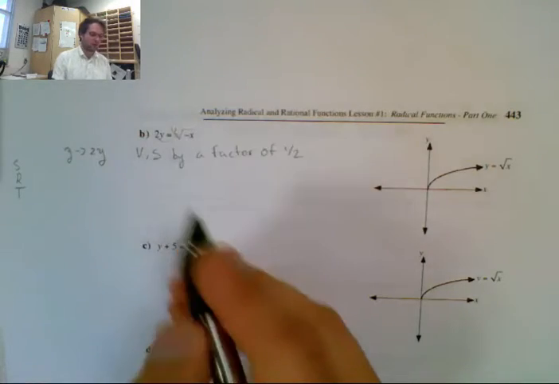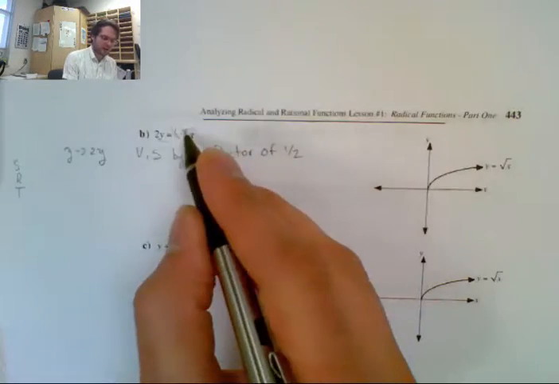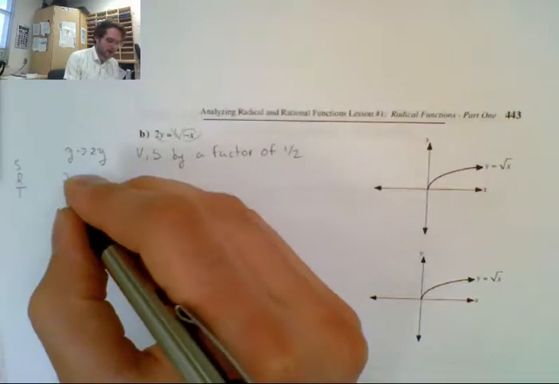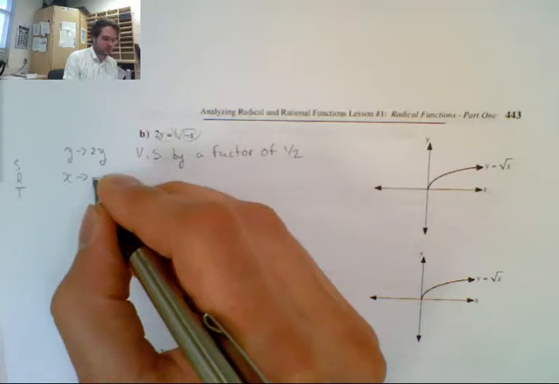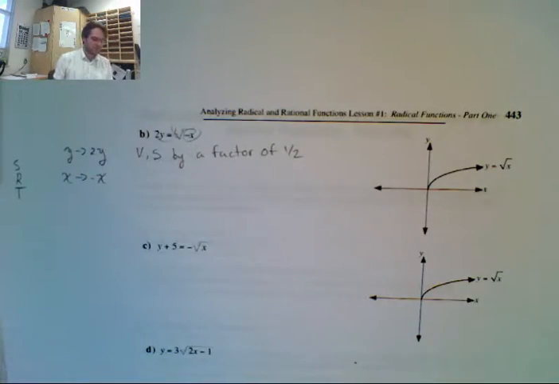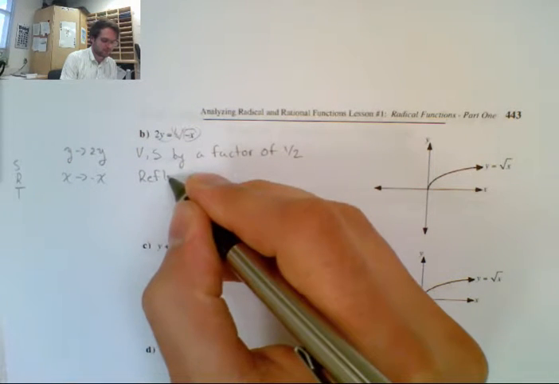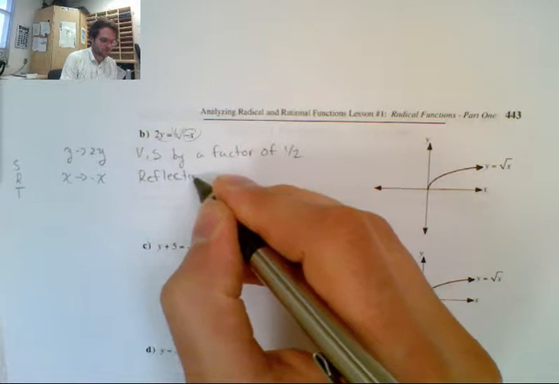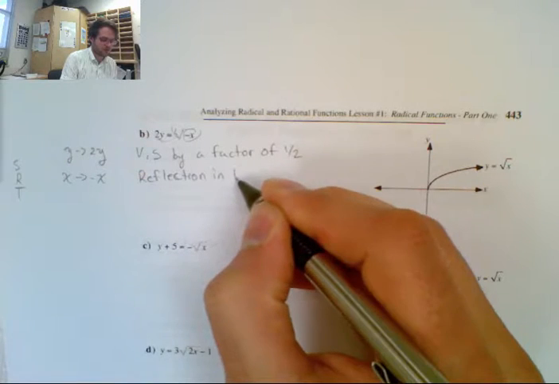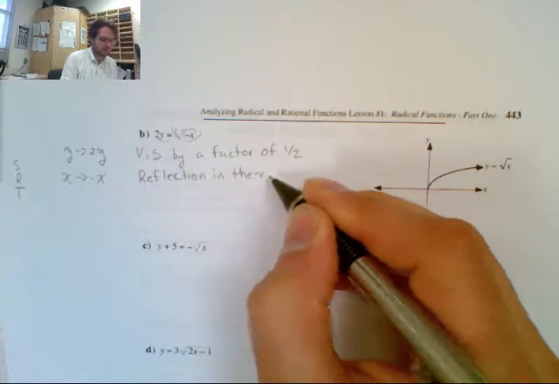Okay, now what else happens here? We have no other stretches, but we have a reflection. Okay, so we know x is replaced with -x. So in this case, I have a reflection in the y-axis.